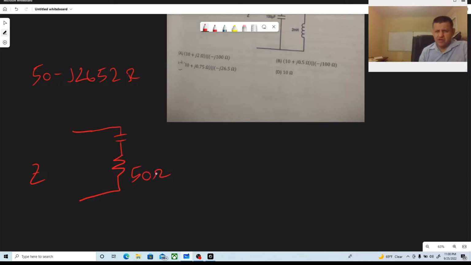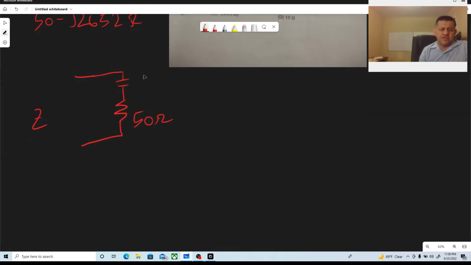The resistor is 50 ohms. The capacitor here is 100 nanofarads.